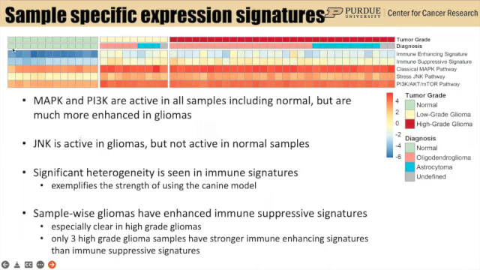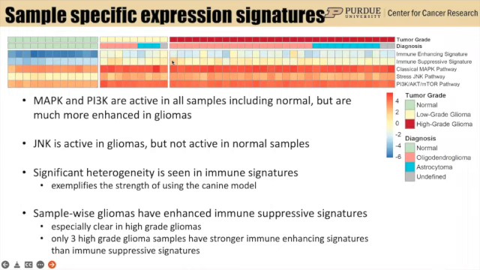If you look sample-wise, so now in each of the columns here, you can see that the immune suppressive signature, which is the second signature down, is in general more highly expressed than the immune enhancing signature. For example, in the first high grade sample here, the immune enhancing signature is downregulated and the immune suppressive signature is upregulated.